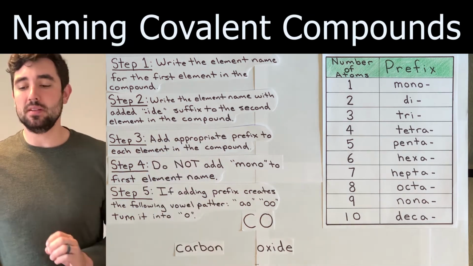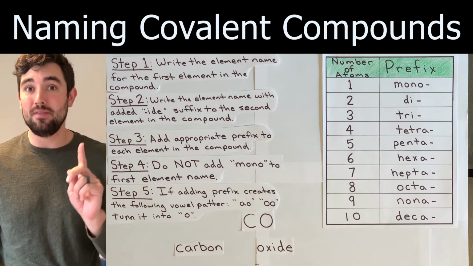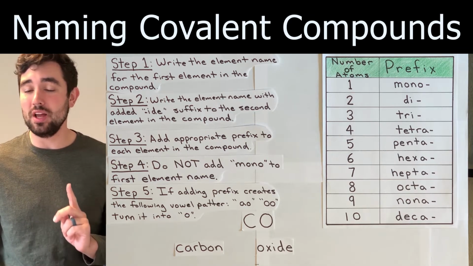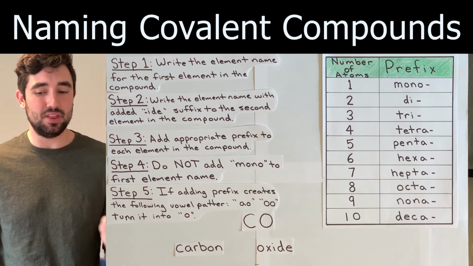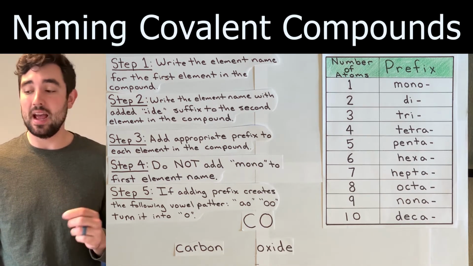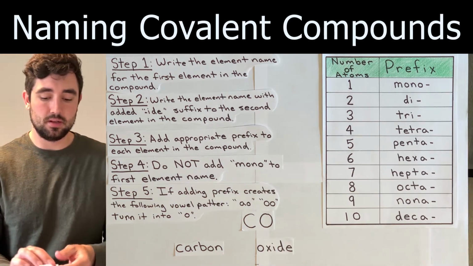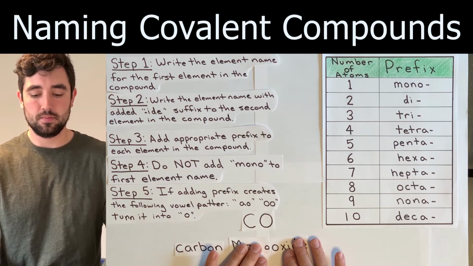I want to add my prefixes in step 3. I look at carbon, there's only one of them, and that has to put off a red flag saying, ooh, do not use the prefix mono. It gets nothing. I then look through and I see oxygen, or oxide, there's only one of them. I do want to use the prefix mono.